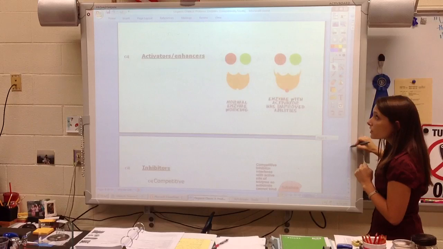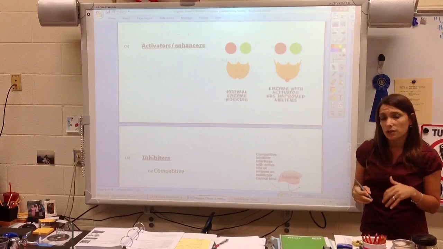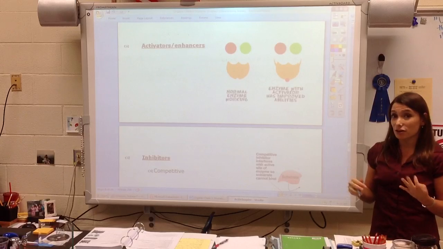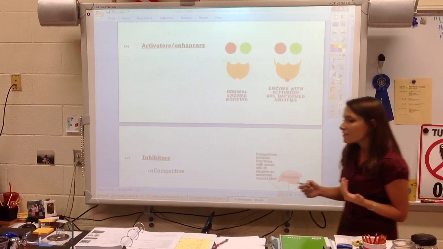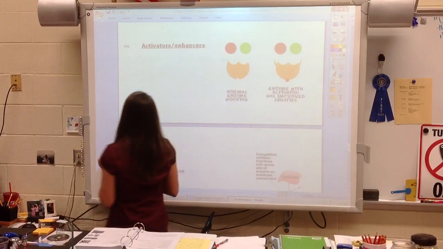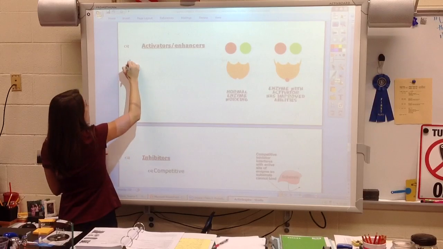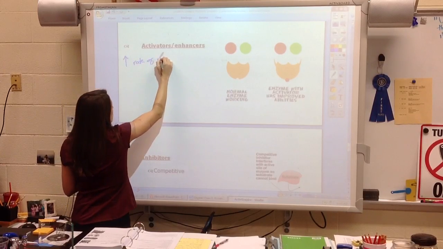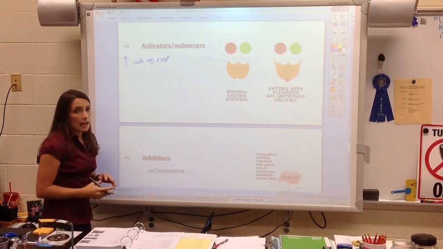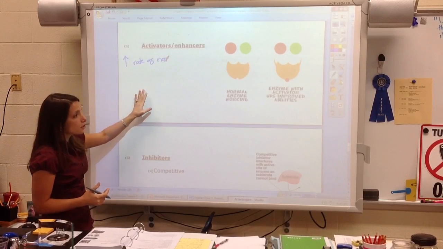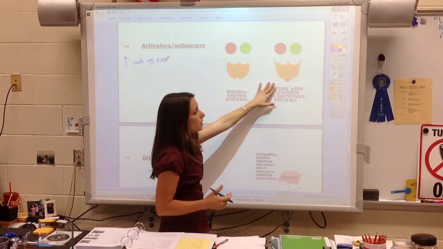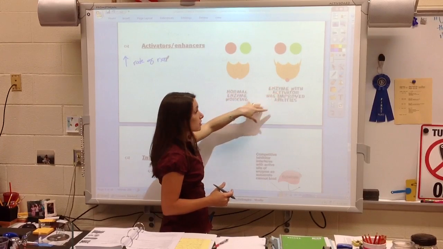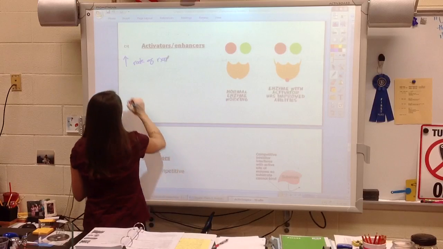There are a few more things that we want to talk about that can influence the rate of the reaction. The first are called activators or enhancers, and they have a very similar effect. Basically, we just want to know that they would increase the rate of the reaction. And what these are going to do is they're usually going to bind to an area that is not the active site. And that's going to cause a conformational shape change.